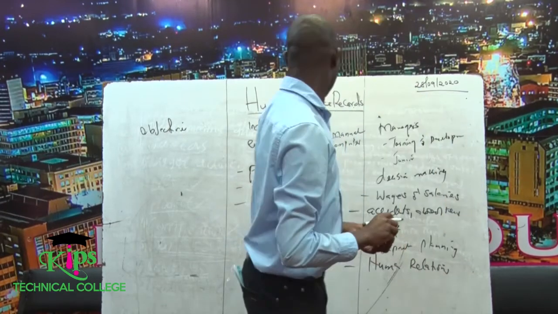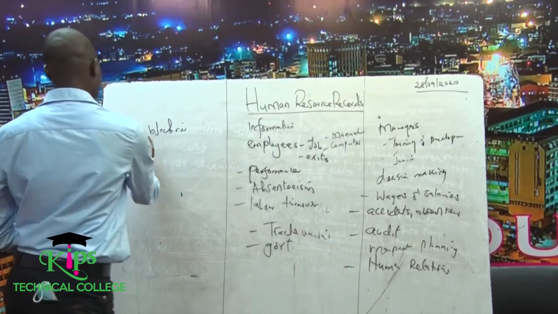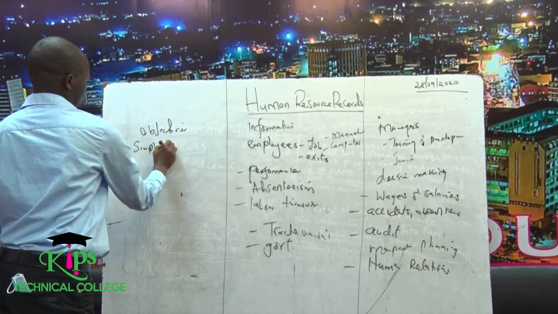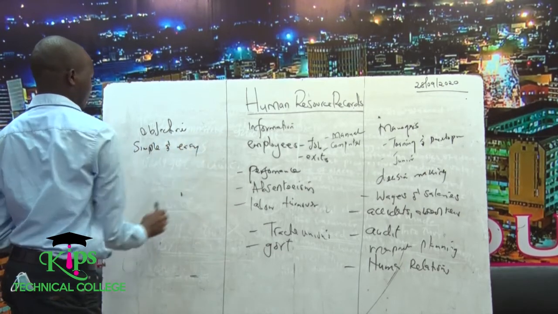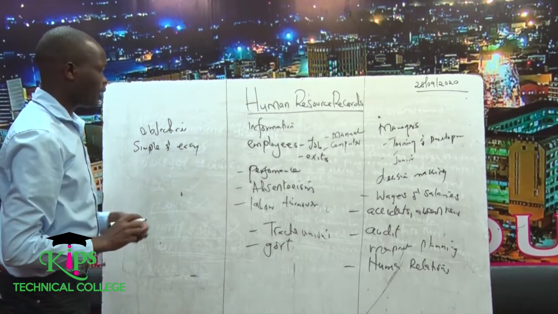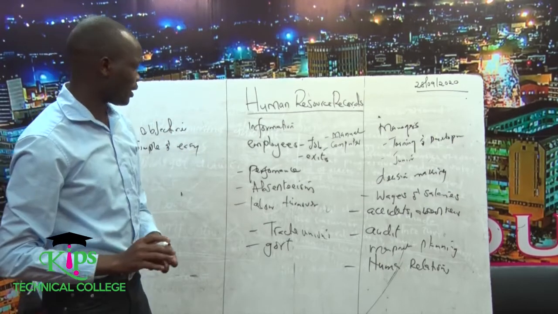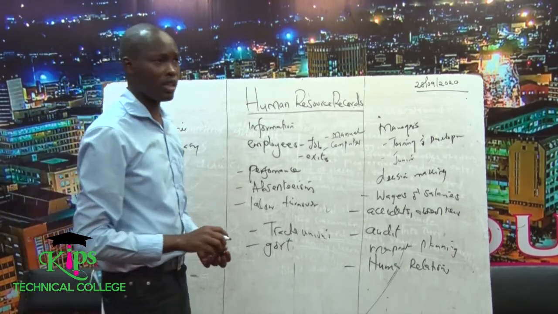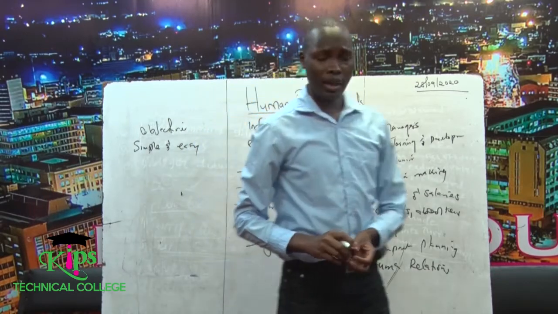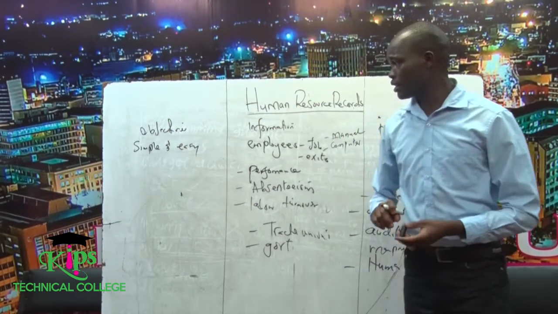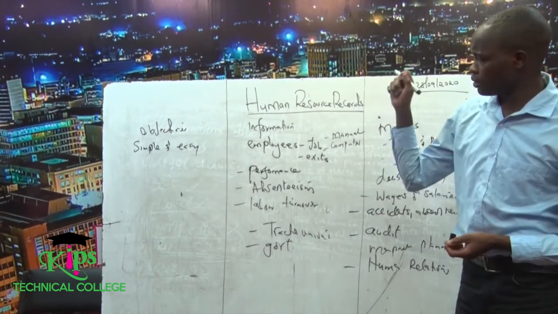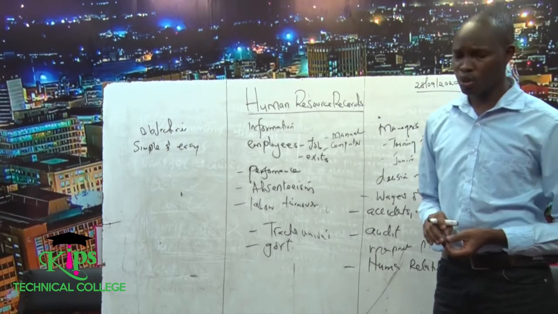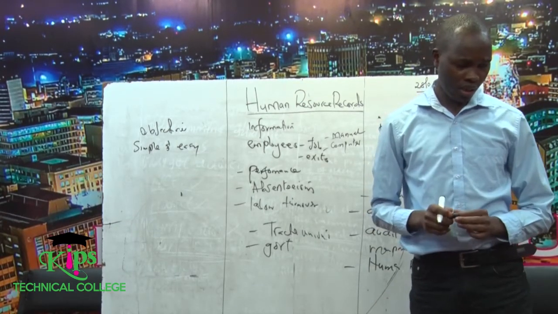Another thing is, it should be simple and also easy to understand, so that any other person can get the records from the office of the HR or any other office and use it to make a decision. That is, it should be very easy for this person to understand exactly the information that is there.